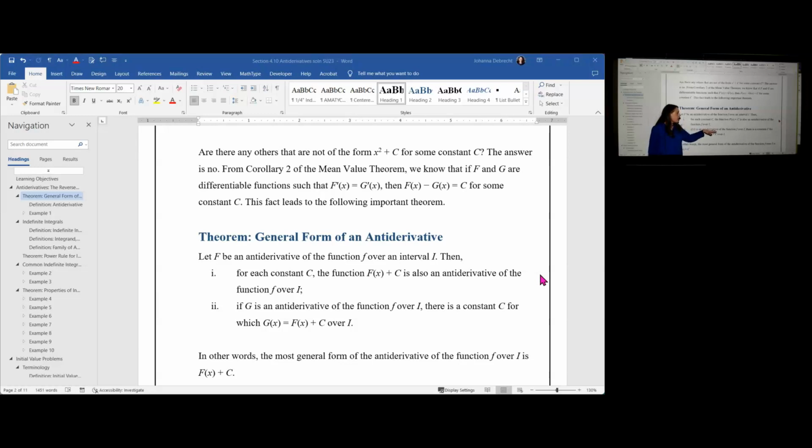If g is also an antiderivative of the function lowercase f over the interval, there must be some constant where g is equal to uppercase F plus the constant over the interval. Again, our most general form would be given by one of the antiderivatives plus a constant.